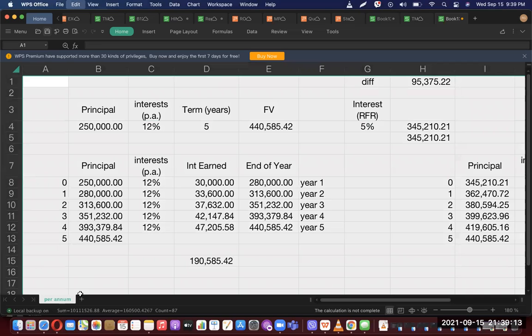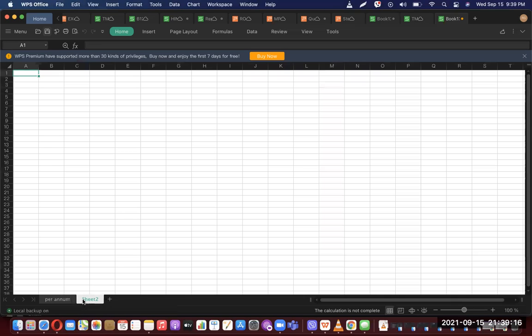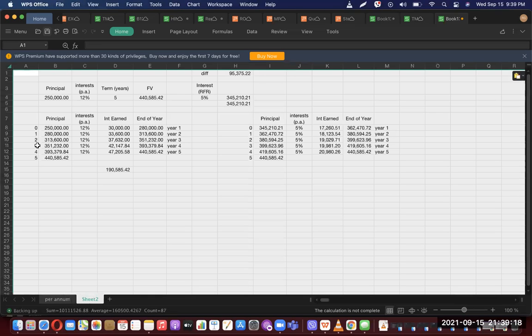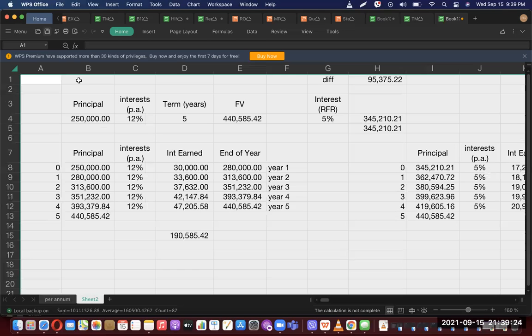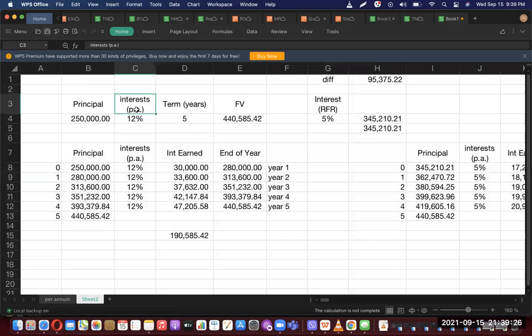So, I'll just copy all of this and then I'll put it in this next worksheet. And now this time, gawin natin siyang per quarter. So, kung per annum niya 12%, pwede kasing 12% per annum pero compounded quarterly. Okay? Paano 'yun?